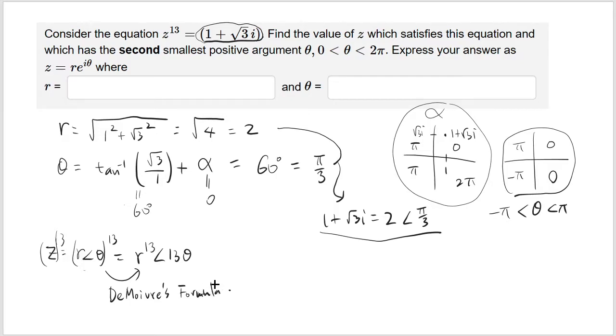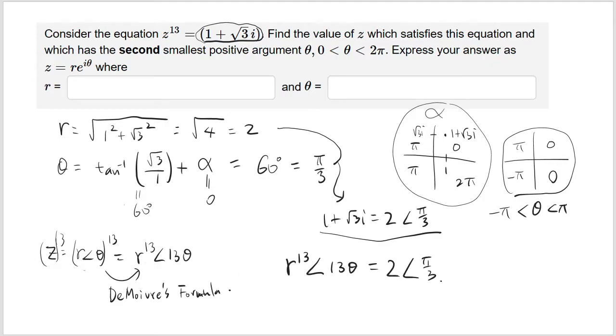Since this has to equal 2 angle pi over 3, you have r to the 13th power angle 13 theta equal to 2 angle pi over 3.